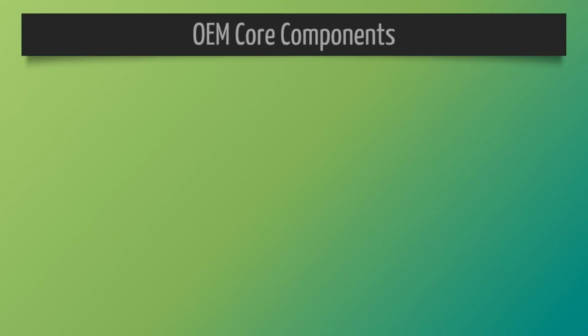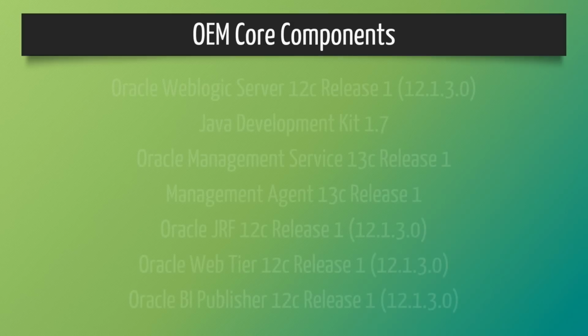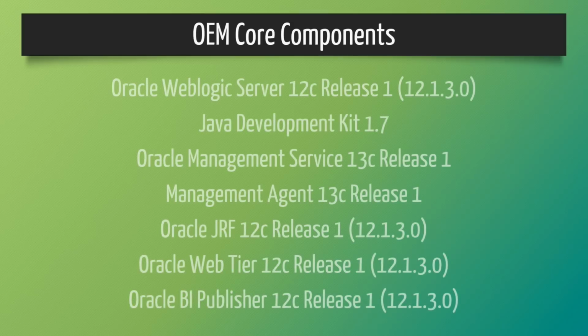Before jumping into the installation, let me show you the core components installed during our OEM installation. These are the core components that will be installed as part of the installation. Oracle WebLogic Server 12c and JDK. Please note that pre-installed JDK is not supported for this release.